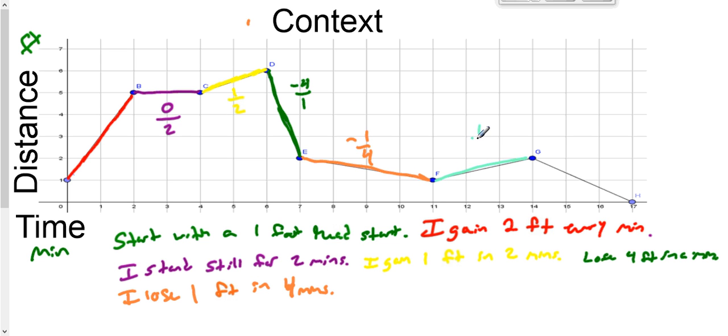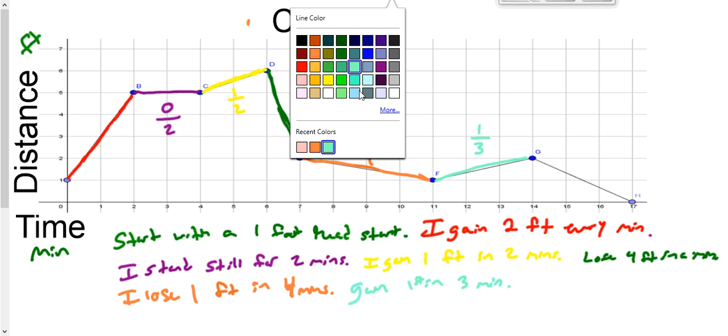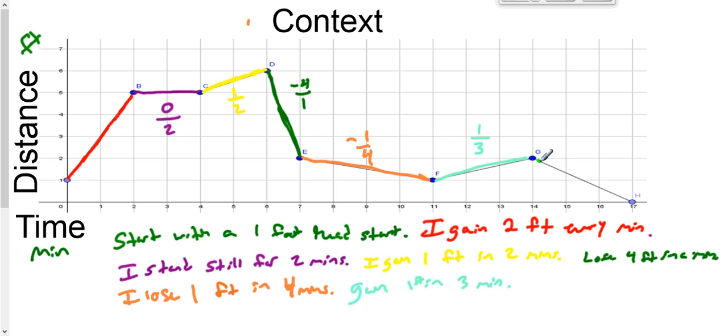It's back to being positive. I have to gain 1 over 3. And then to finish it out, a color I haven't used, lime green. The last part, we have to lose 2 feet in 3 minutes.